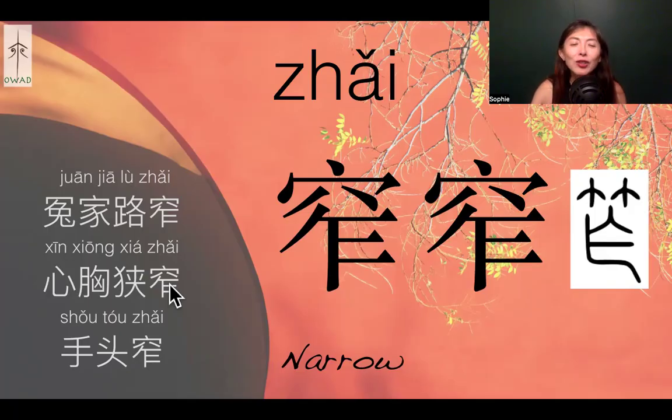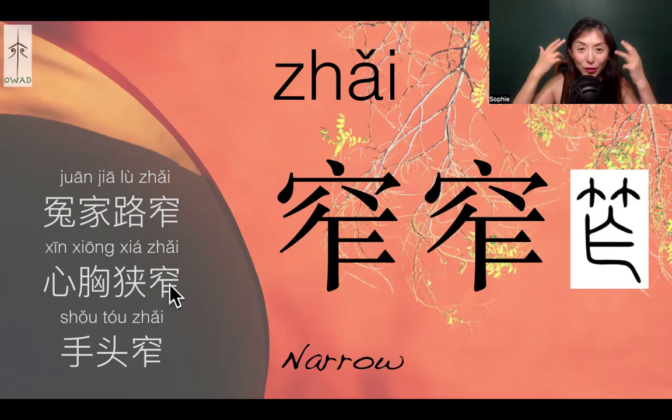So that's 心胸狭窄. 手头窄, Chinese use 手头, hand, 头, head. So between your hand and your head, that's your financial handling. So it's personal financing. When we say 手头, that means how much spending power you have in reserve, like the wealth accumulated so far, or the discretionary spending you have.